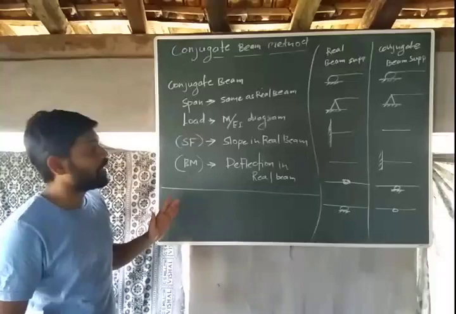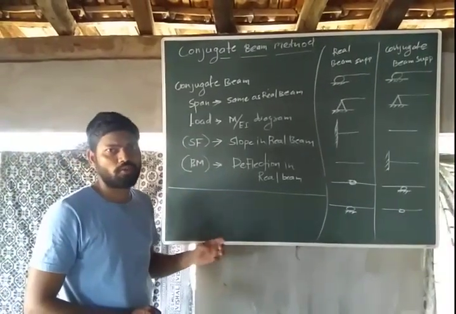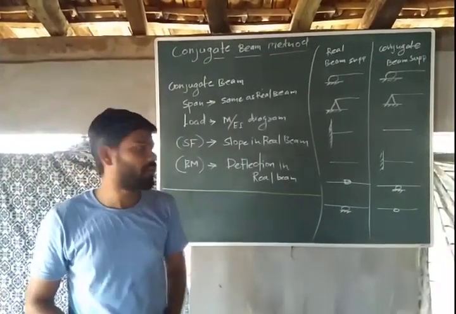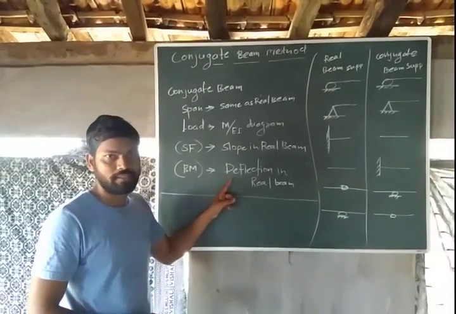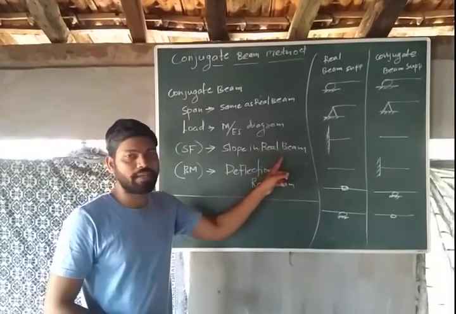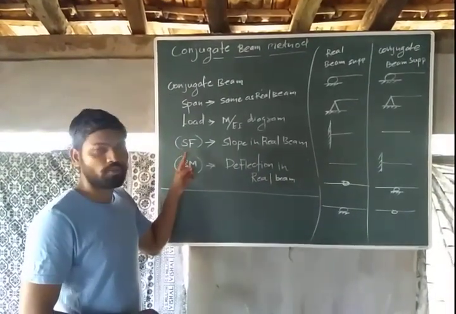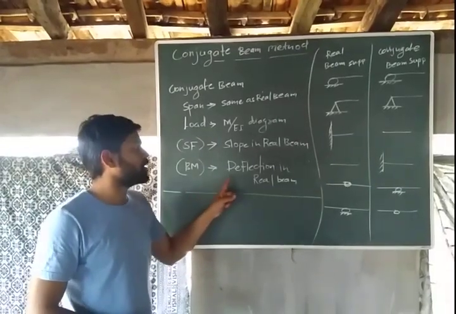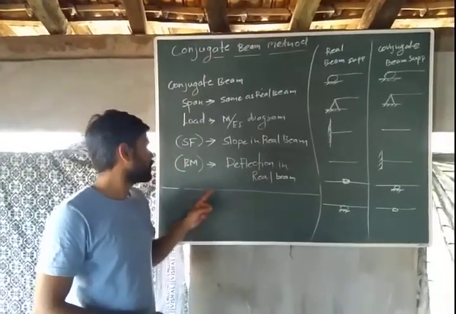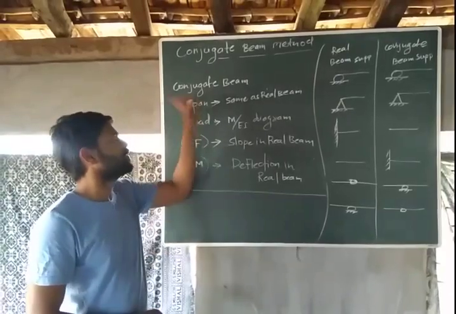So what is our ultimate aim of this method? To find out the slope and deflection. To find the slope in the real beam, you have to calculate the shear force in the conjugate beam. To calculate the deflection in the real beam, you have to calculate the bending moment in the conjugate beam.